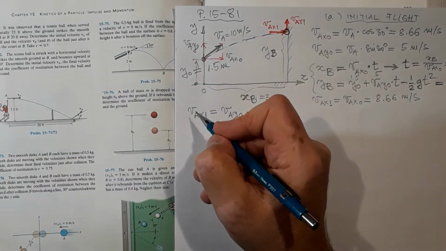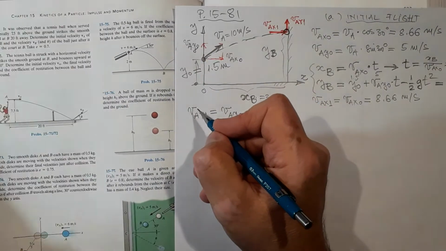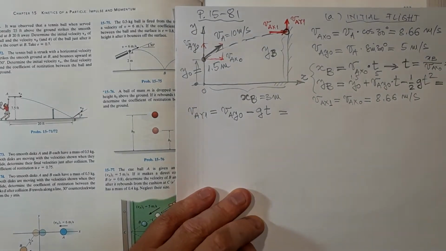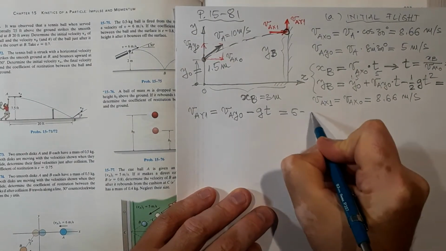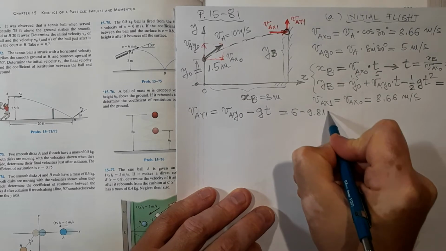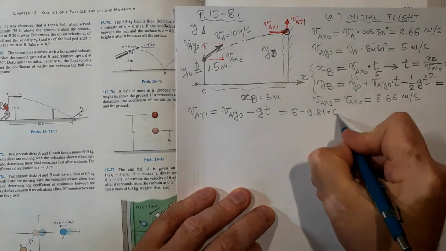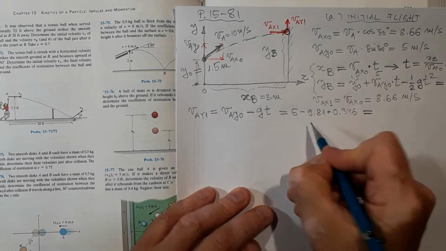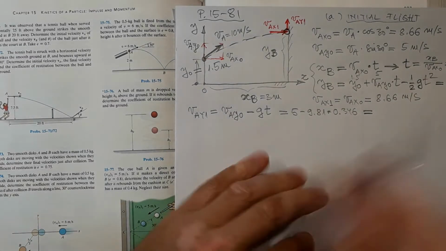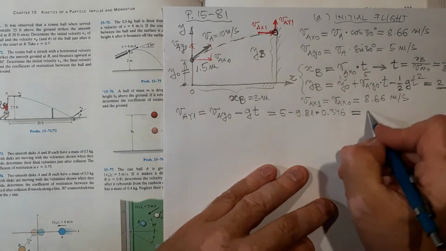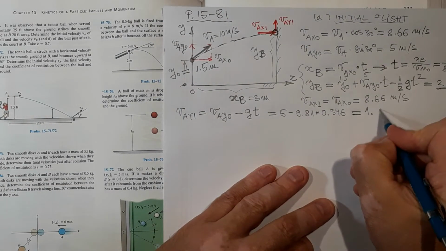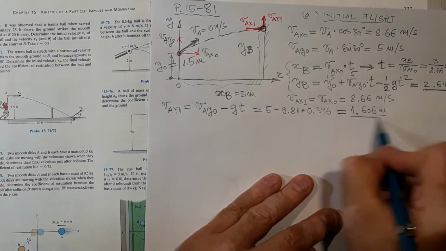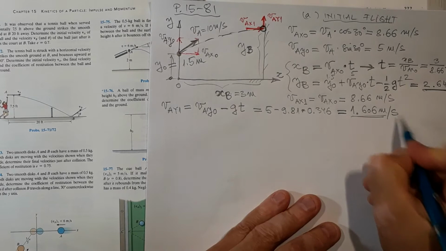And we have t, so we can calculate v right away. VA0 is 5 minus 9.81 multiplied by the time 0.346. What does that equal? It's 1.606 meters, rather meters per second, I'm sorry.